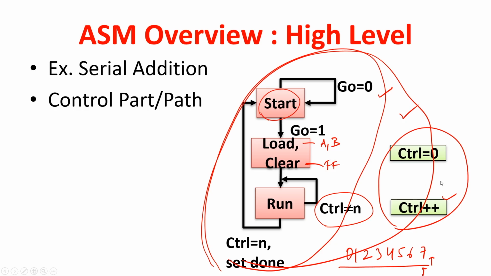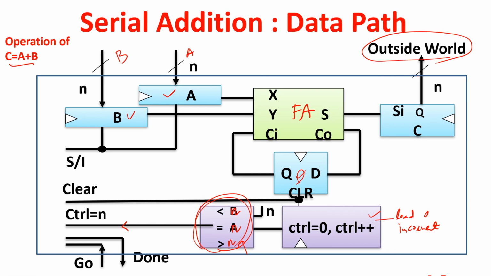So the red part is the controller, and this one is the data path. In the data path we have a full adder, 3 registers A, B and C, a comparator, a register, and a D flip flop, and what input it can give.